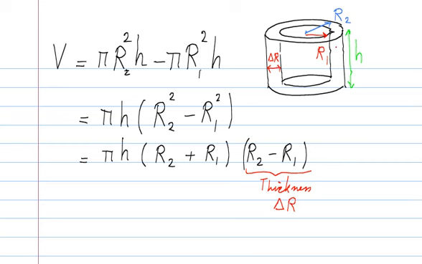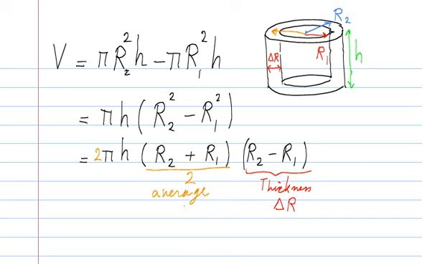To make something more visually understandable out of this, what I am going to do is divide this by 2 and then also multiply it by 2 so that I'm not changing the expression. R2 plus R1 over 2 is going to be the average radius, that is, starting from this point and going halfway in between. So that's the average radius.